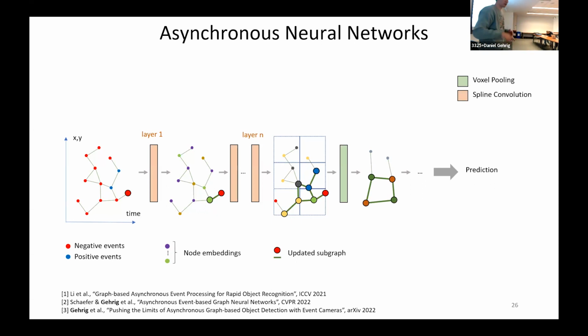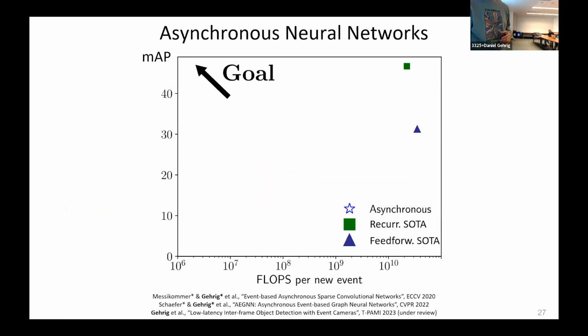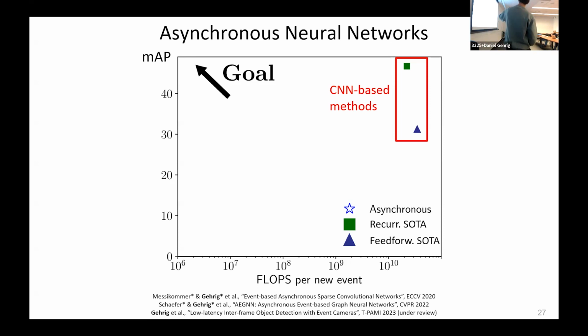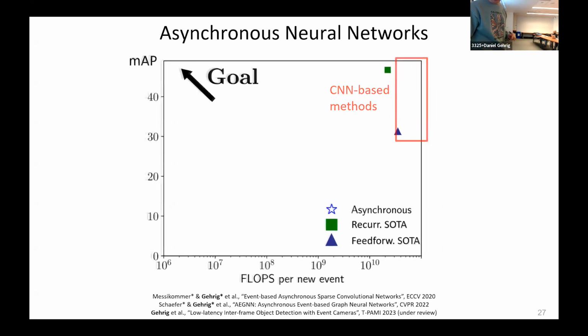Now, the question is, how small is this subset? To quantify this, I plot all the methods on two axes. One of them is the performance axis, and the other one is the flops per new event. So how much computation do you need to incorporate a new event into the prediction? Here on the right, you see CNN-based methods. They're quite high in performance, but they also have a very high computational burden.